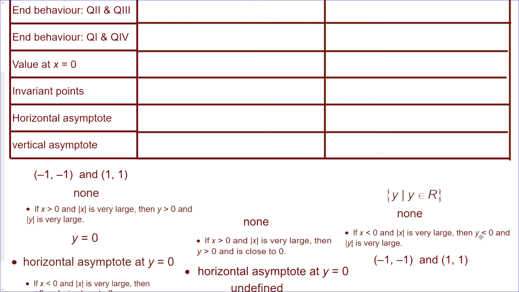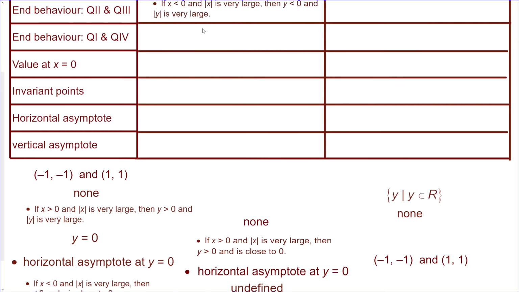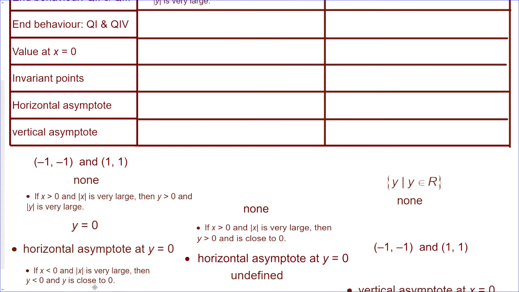Then y is less than 0, and the absolute value of y is very large. Yeah, that sounds like this first one here. Okay, if x is less than 0 and the absolute value of x is very large, then y is less than 0 and y is close to 0. That sounds like the reciprocal graph, close to 0.